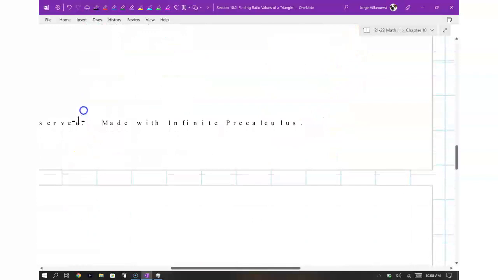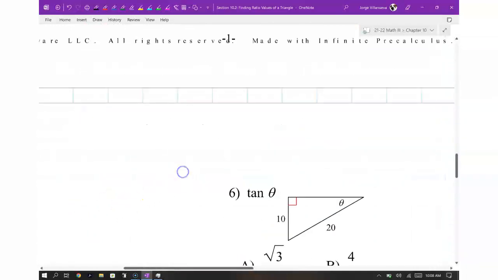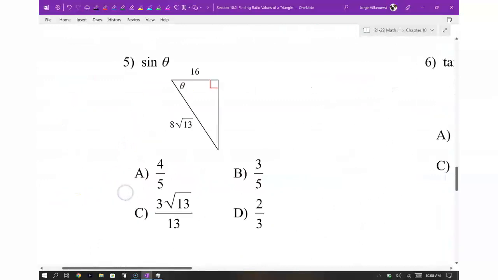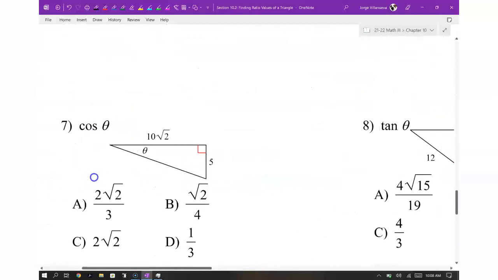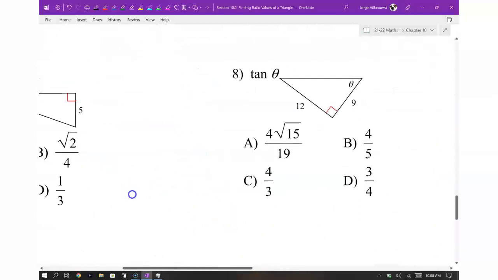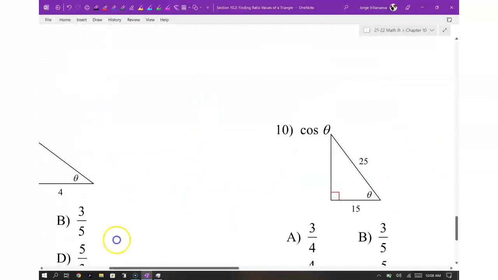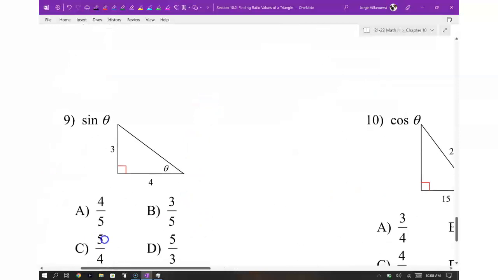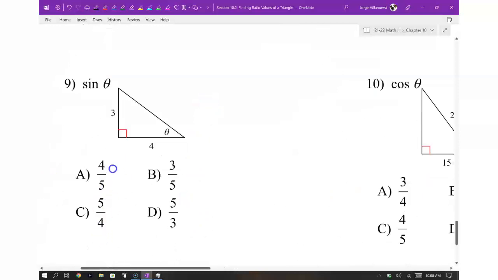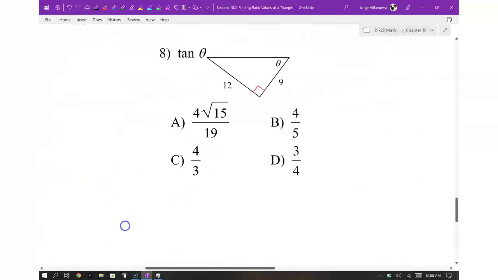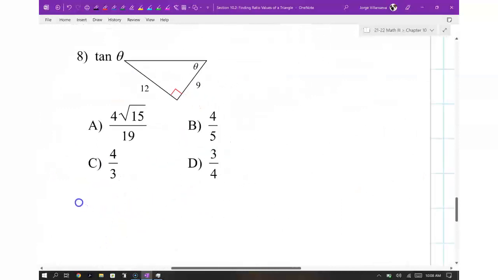Anybody have a preference? No preferences? All right, so let's see if we can do a cosine one that has the adjacent side. We'll do number 8, I think.